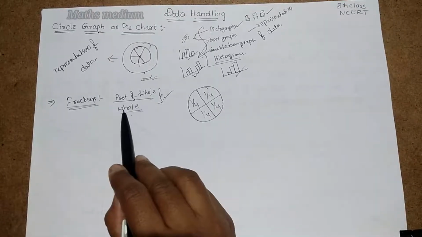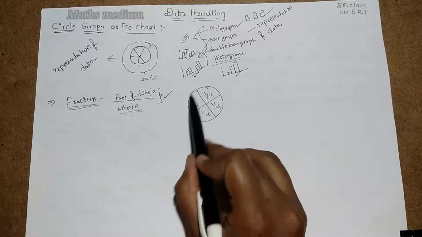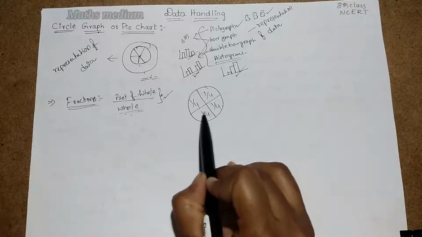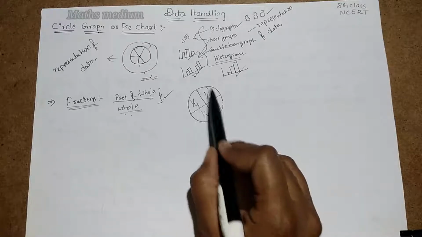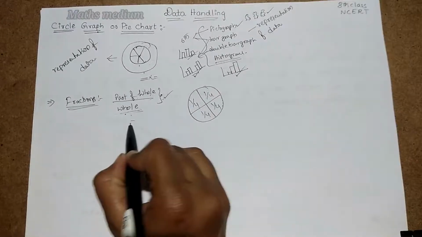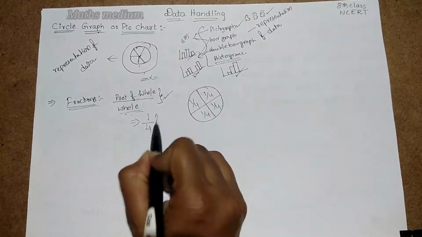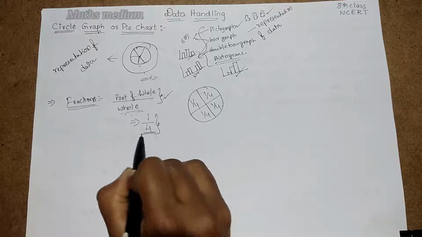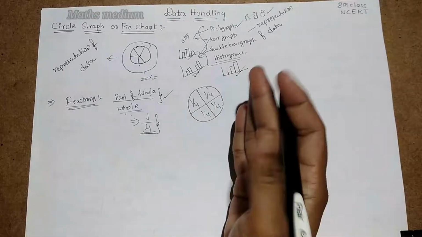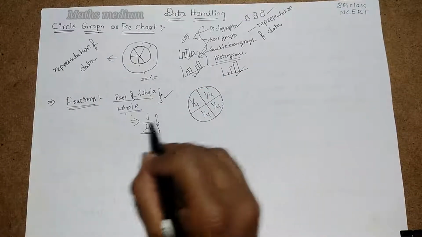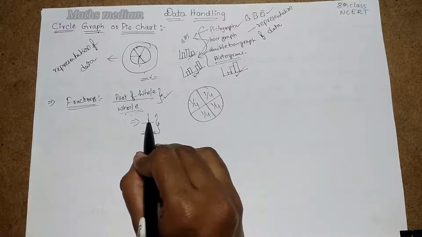If we take the whole, we cut this circle into 1, 2, 3, 4 sections. How do we represent each part? That is one part out of 4. That is the part of a whole. The whole is how we cut the pie chart, and this is the part of the whole.